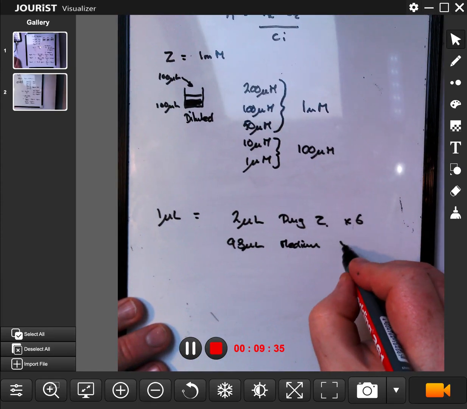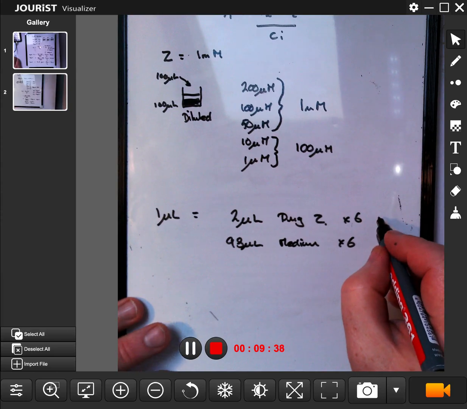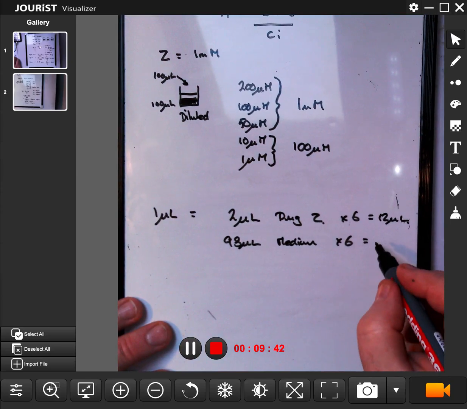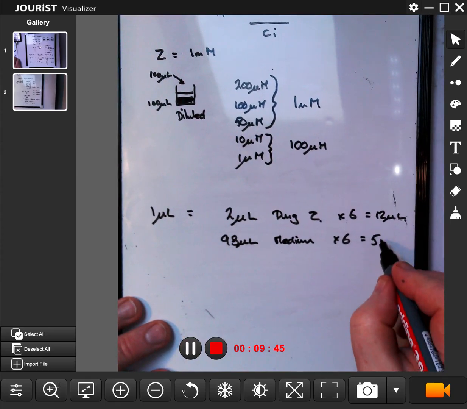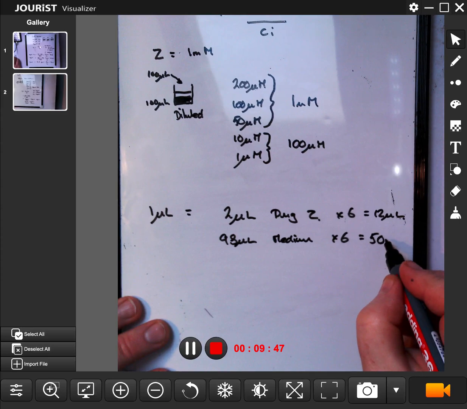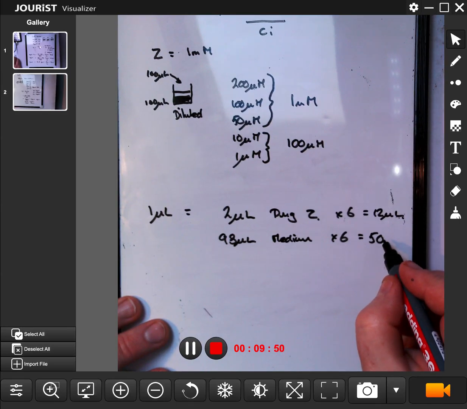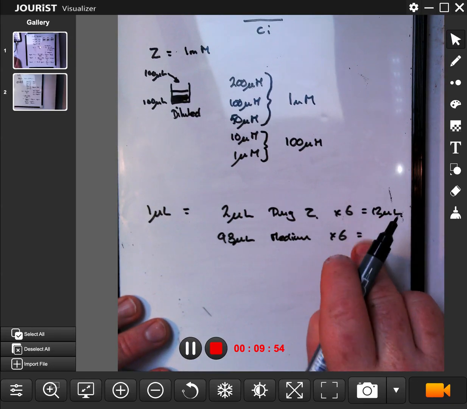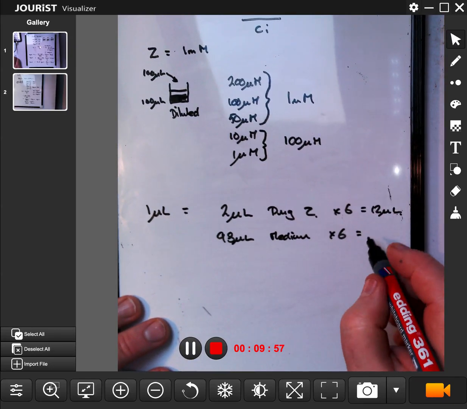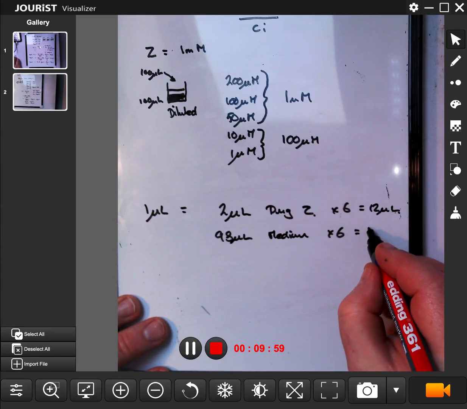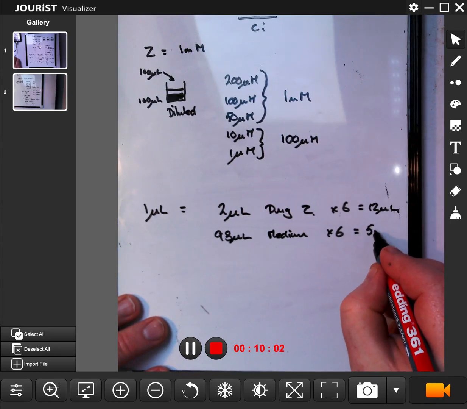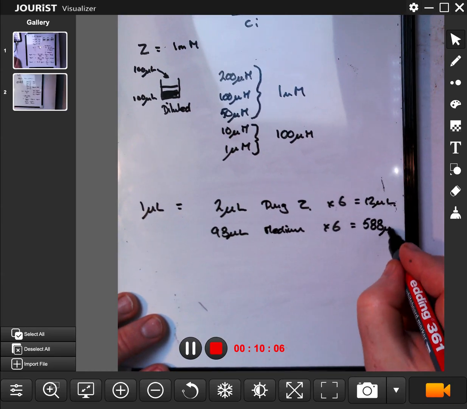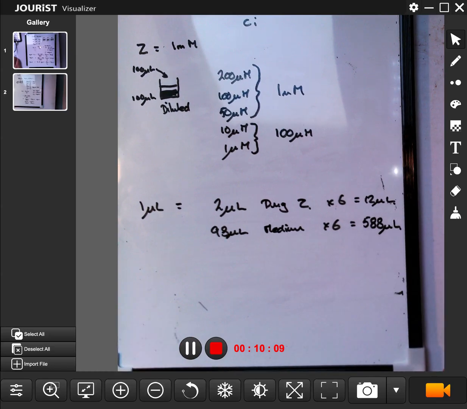So that's going to equal 12 microliters of drug Z, and this is going to equal 588 microliters. Okay, that's that one done.